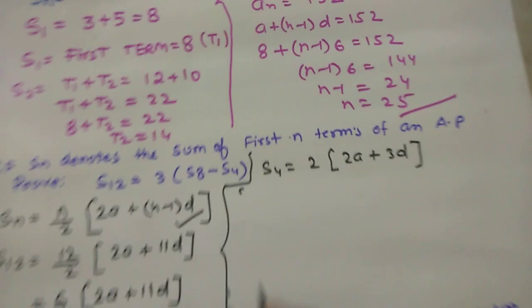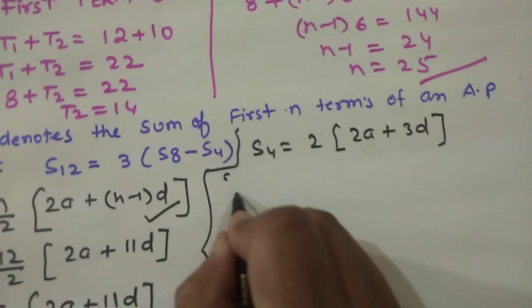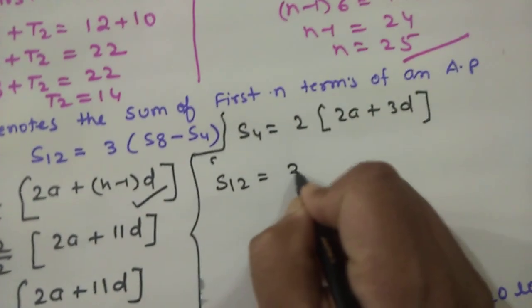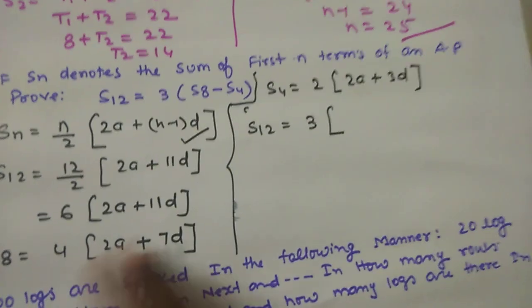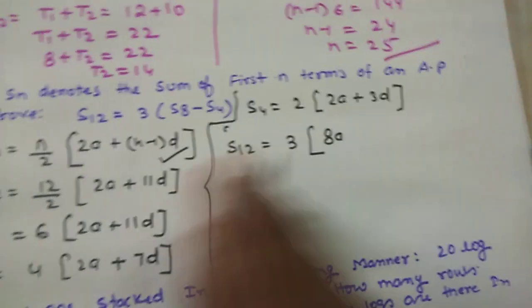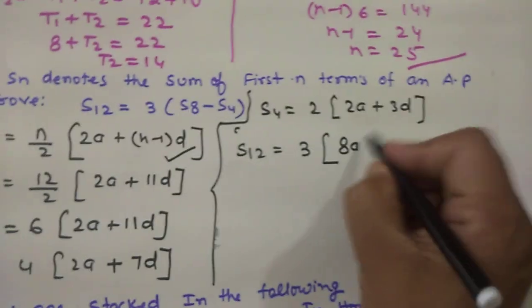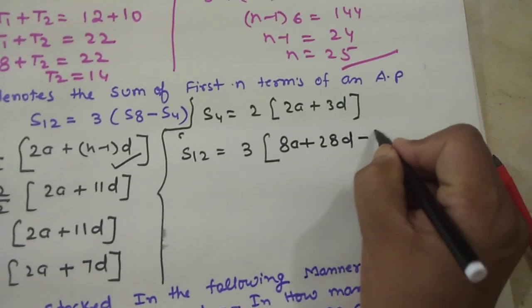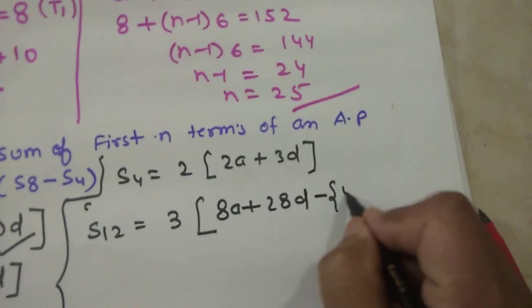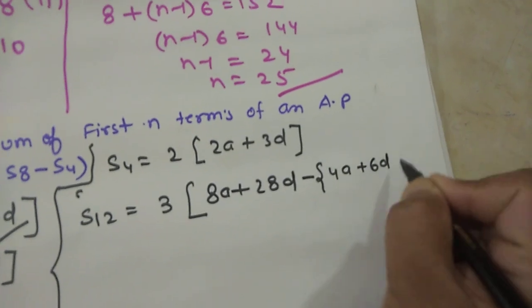Now, what to find? S12 is equal to 3. Now, S8. S8 is 4, 2a plus 8d, 4 2a plus 28d. I am multiplying. Minus S4, 2 2a plus 4d plus 6d.